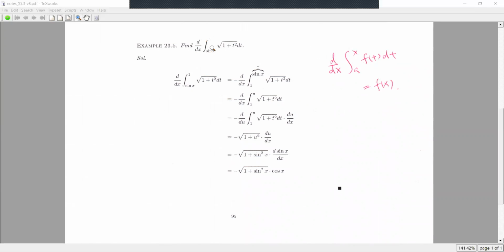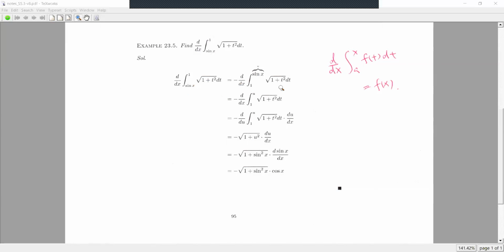Now to make the lower limit a constant, I switch the upper limit and the lower limit. When we switch upper limit and lower limit, don't forget to add a minus sign, okay? Here, I switch 1 and sine, then I get this. Don't forget to add a minus sign.